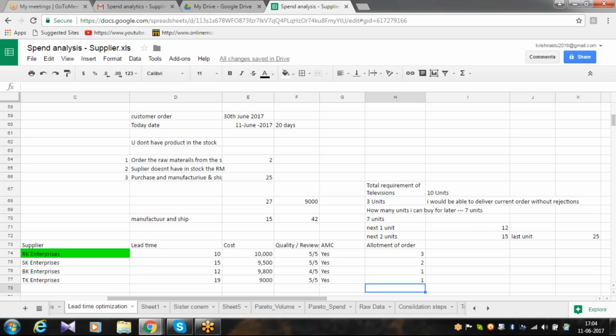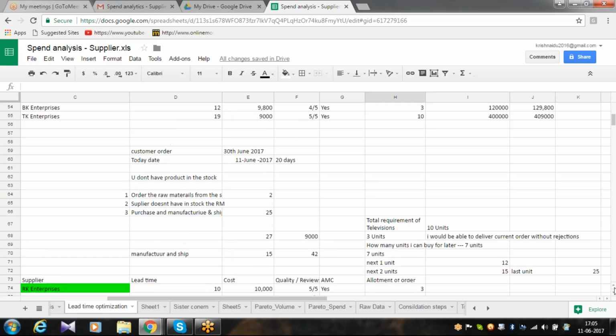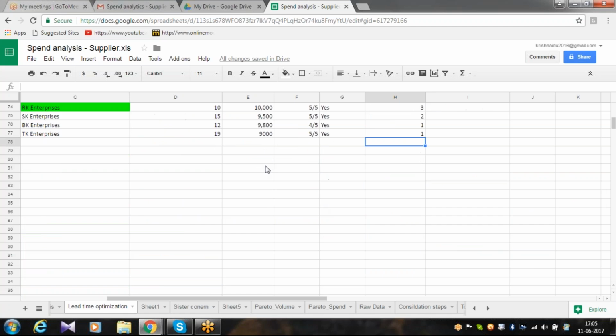So this is the way we need to do the lead time optimization. The lead time is connected with the revenue. The lead time has a relationship with the revenue of the organization. This job has to be done by a spend analytics professional or a buyer.